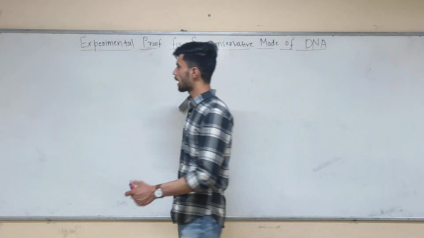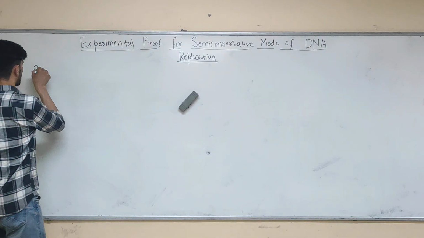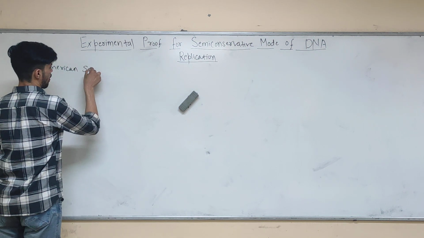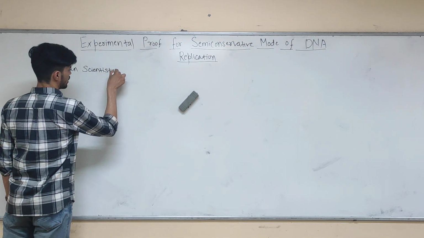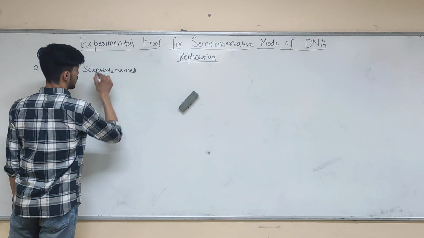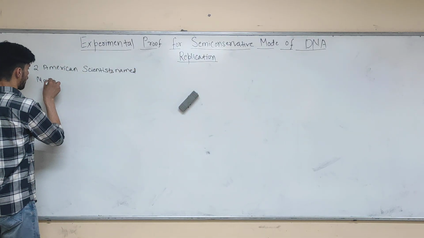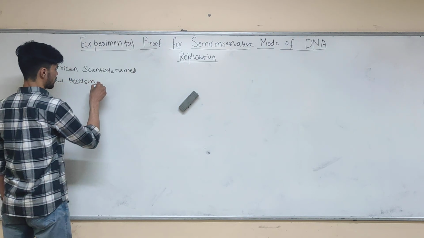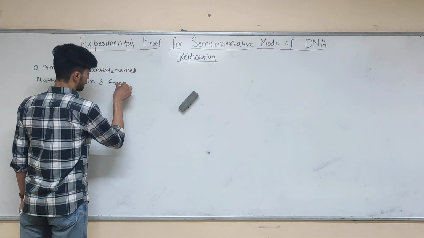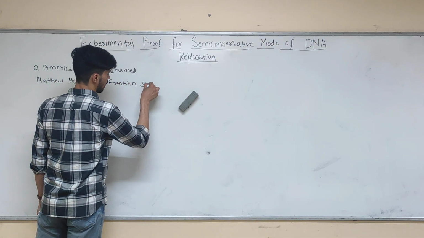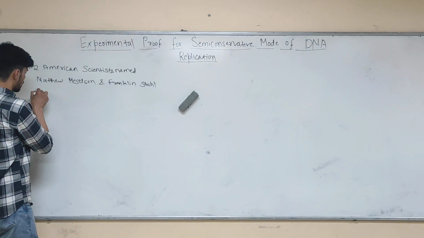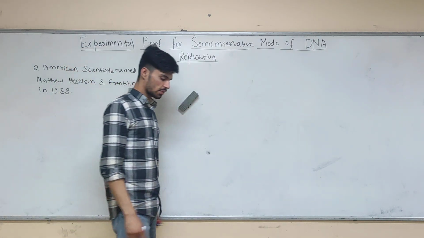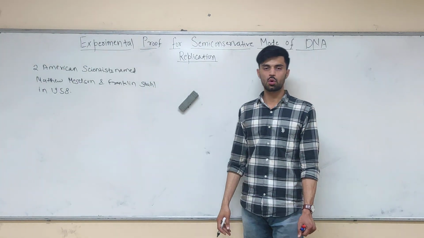Two American scientists named Matthew Meselson and Franklin Stahl in 1958 proved that DNA replicates by the semi-conservative mode of DNA replication.